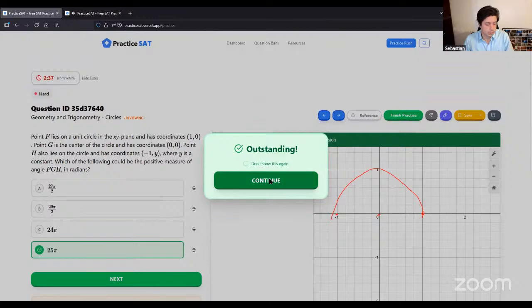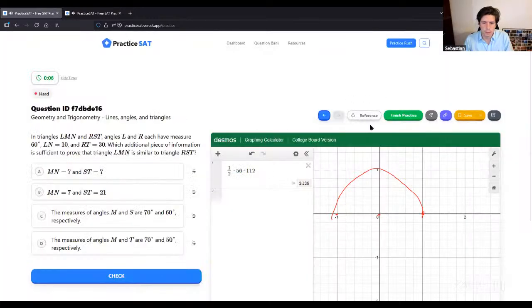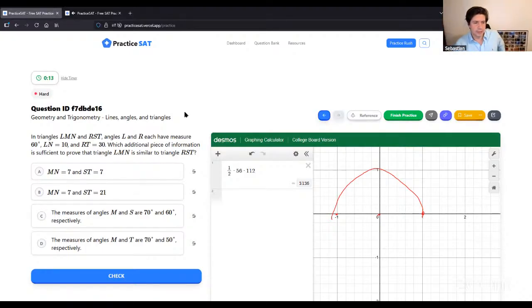Yeah, so now let's go to the next one here. Triangles LMN and RST, angles L and R each have a measure of 60 degrees. LN equals 10 and RT equals 30. Which additional piece of information is sufficient to prove the triangle LMN is similar to triangle RST? Let's draw these out just to visualize it.